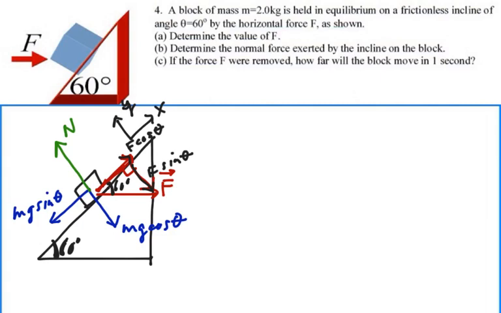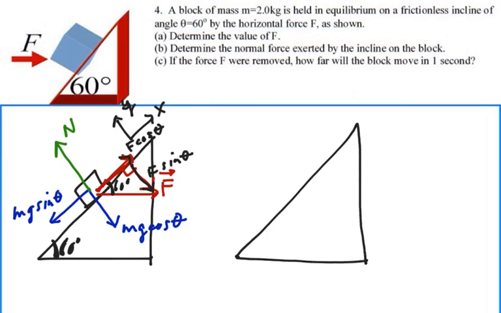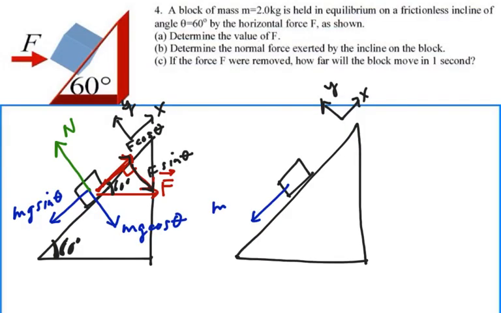This free body diagram is looking pretty messy here, so let's see if we can redraw it again with just our components in the x and y directions. So I have this block here. I've got a component of gravity going down the incline, which is mg sine theta. I have a component of gravity which is into the plane, which is mg cosine theta.